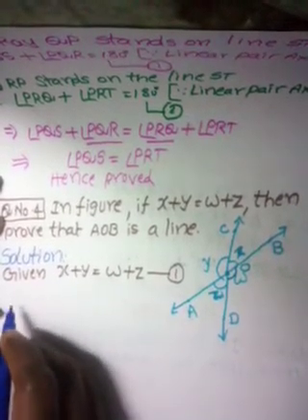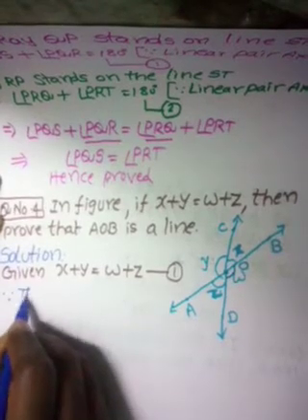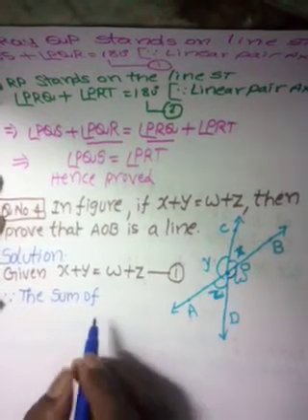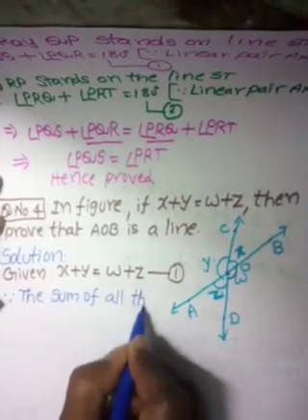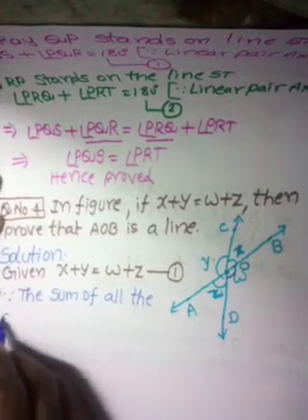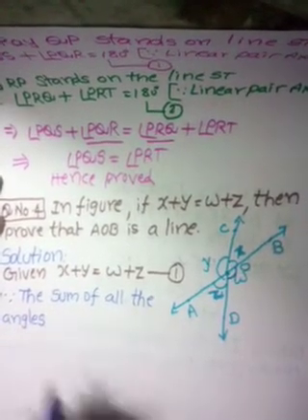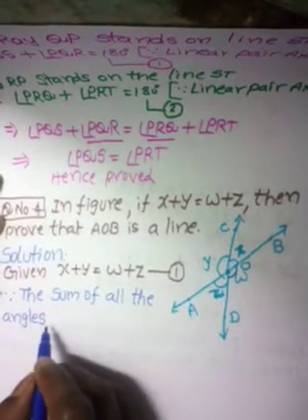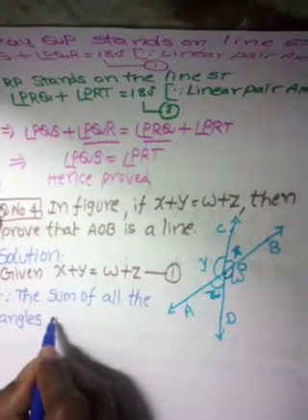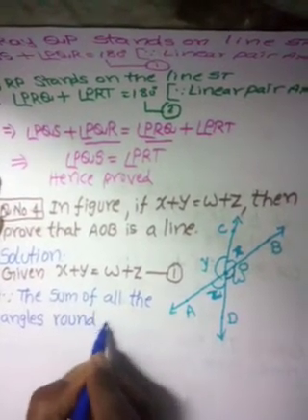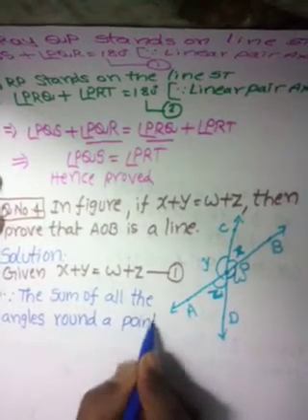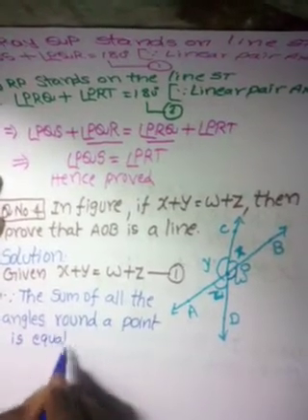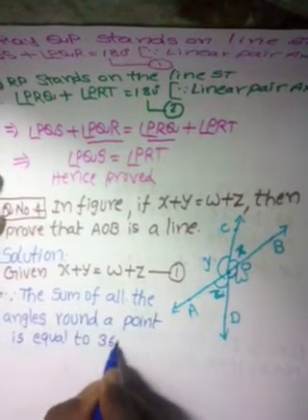Okay, my dear children? Since the sum of all the angles around a point is equal to 360 degrees, let us write that property here.